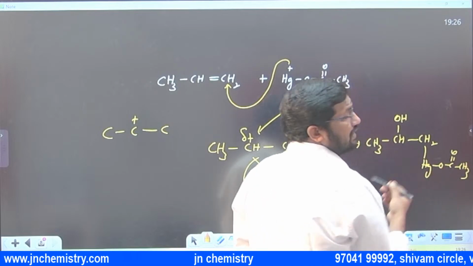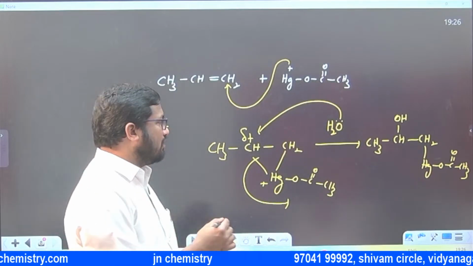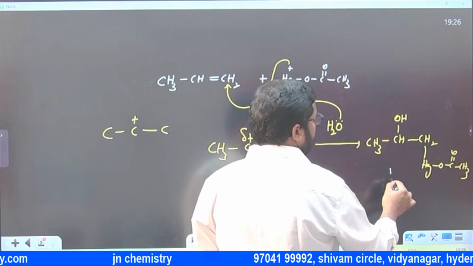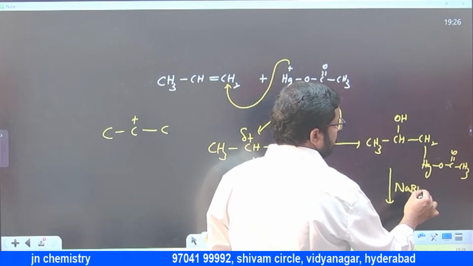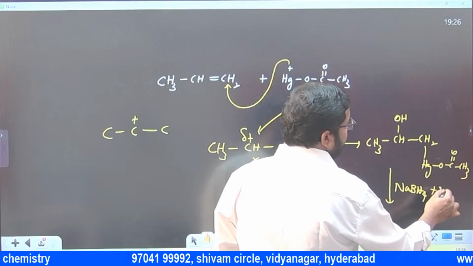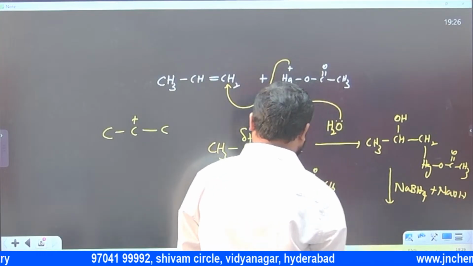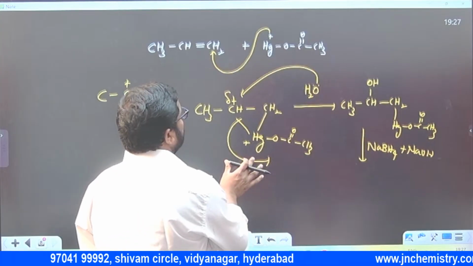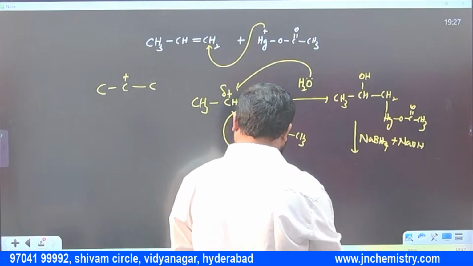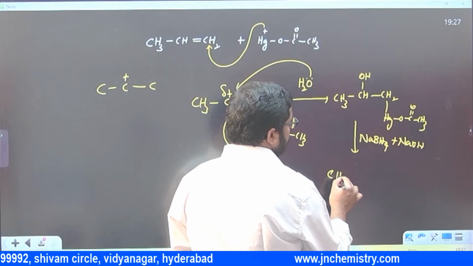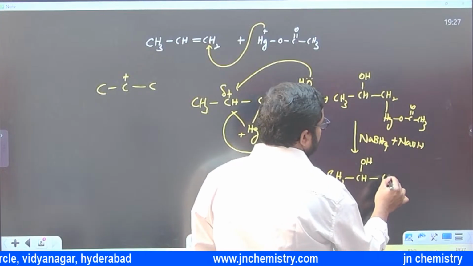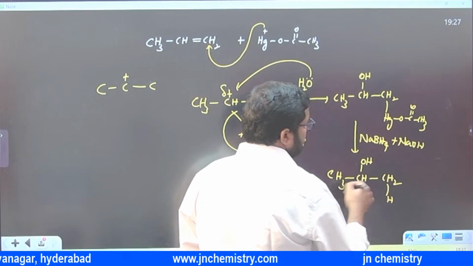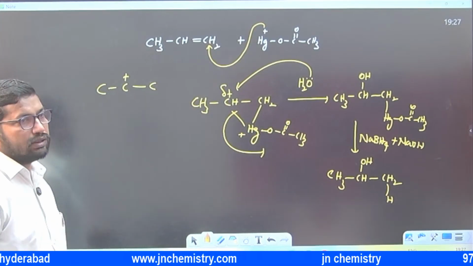This mechanism is not actually needed, but try to understand. Afterwards NaOH, NaBH4, so CH3CHOHCH3 like this. Just write it down.